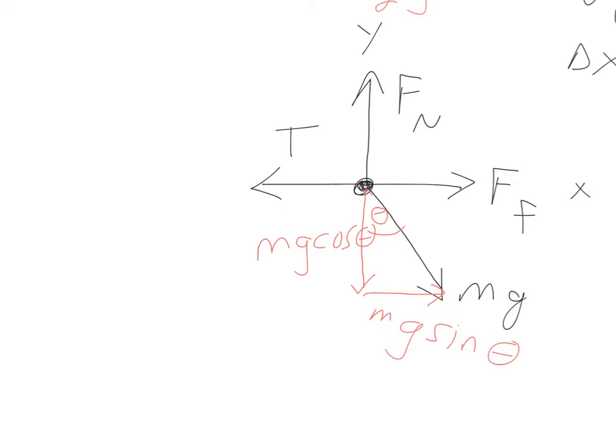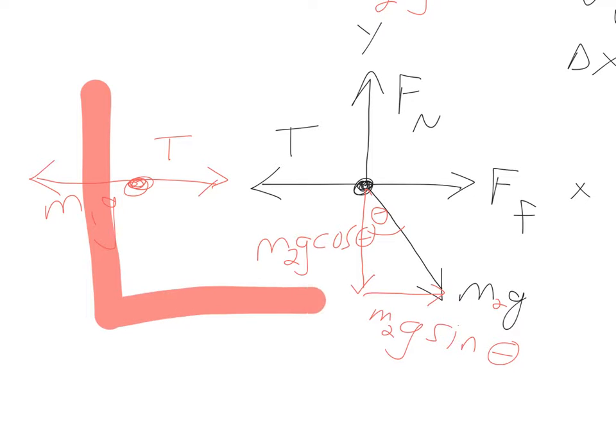And now I can add my other object here, the hanging object, which I swing up to line it up with the same axes as the object that's on the slope.